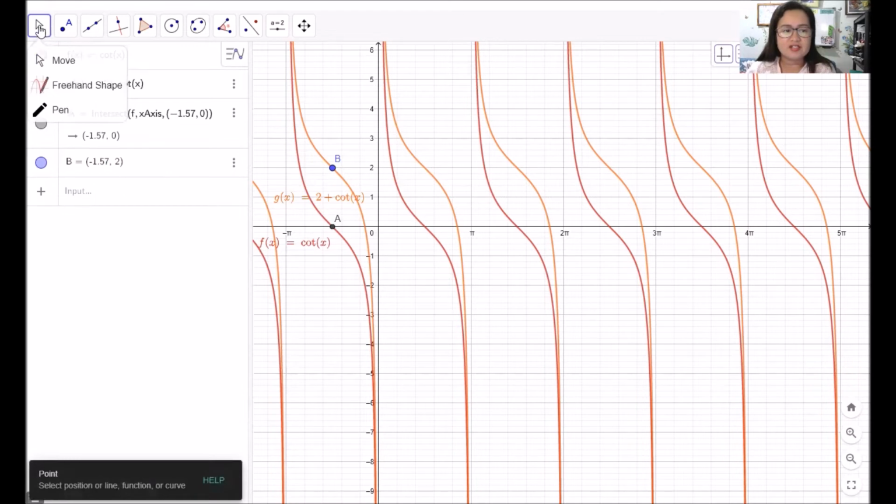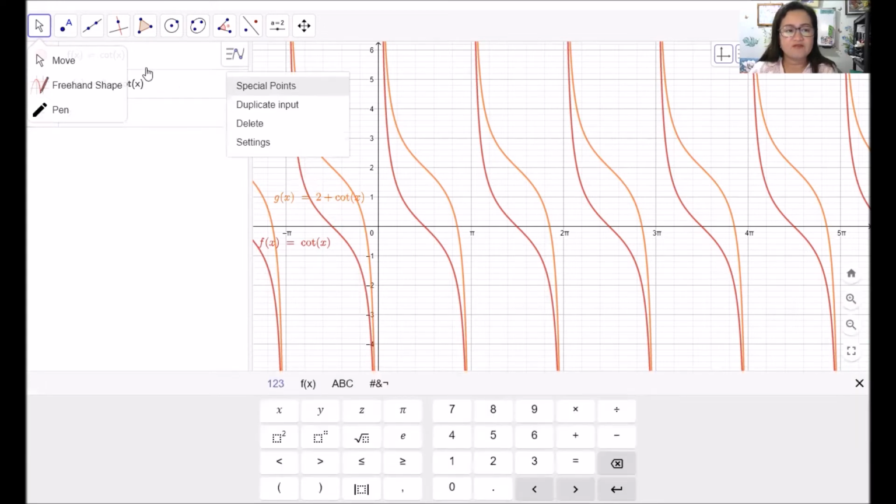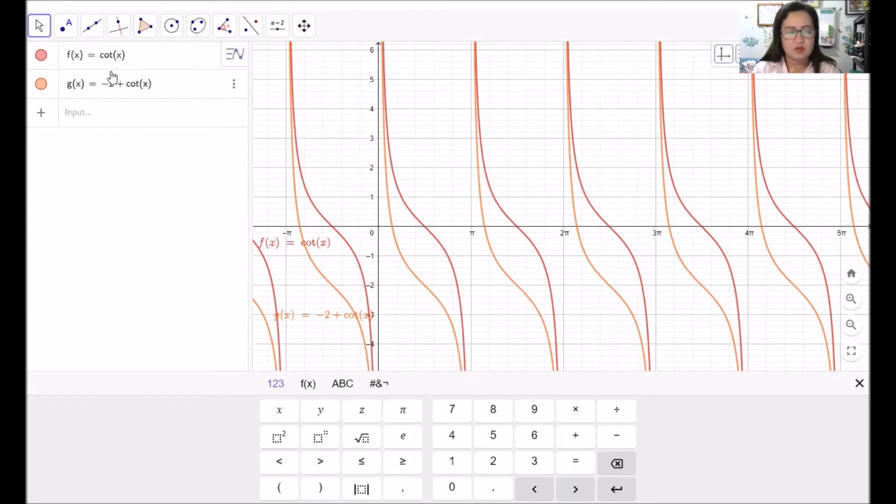That's the effect of having a change in the value of b. Now, what if the value of b is negative? What if b is equal to -2? Take a look. If we take this point, we have y equals 0.